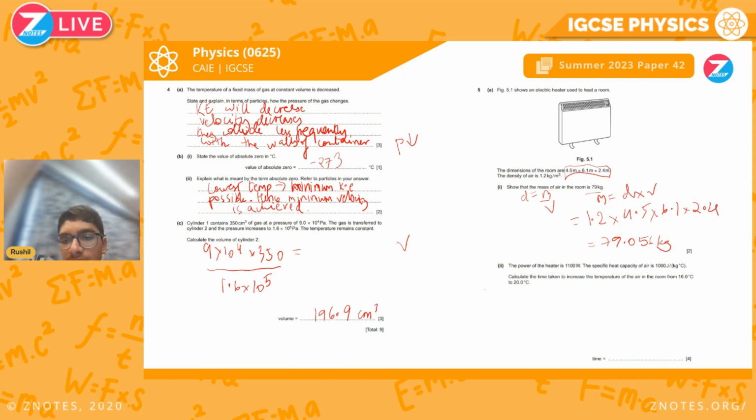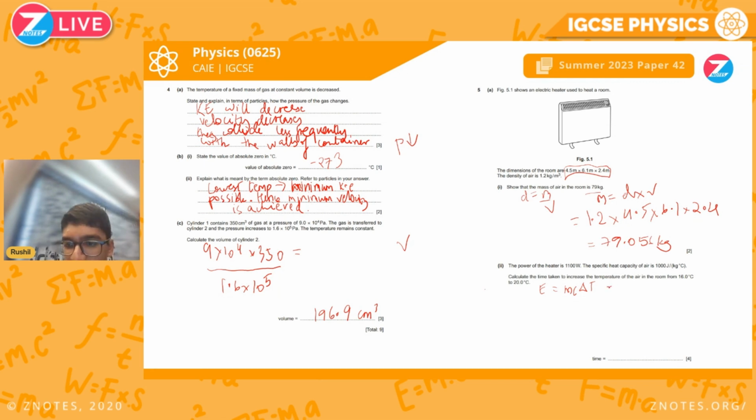So next up, the power of the heater is 1100 watts. The specific heat capacity of air is 1000 joule per kg per Celsius. Calculate the time taken to increase the temperature of the air in the room from 16 degrees Celsius to 20 degrees Celsius. So we know the formula for thermal energy, that energy taken to heat up a substance is equal to mc delta T, where m is the mass, c is the specific heat capacity, and delta T is the temperature change.